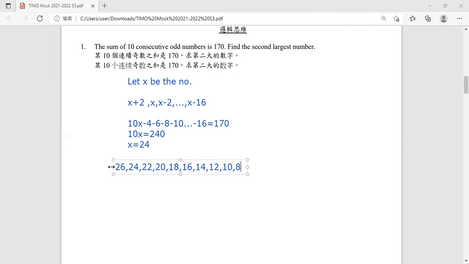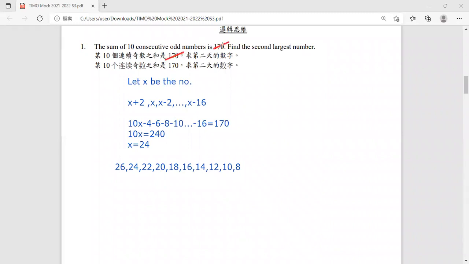Actually, these sums are 170. So the question is set wrong, okay? Actually, I think the question should be set somewhere right here, but it's okay. The method is the same. So I know that sometimes the question is set wrong, but it's okay.